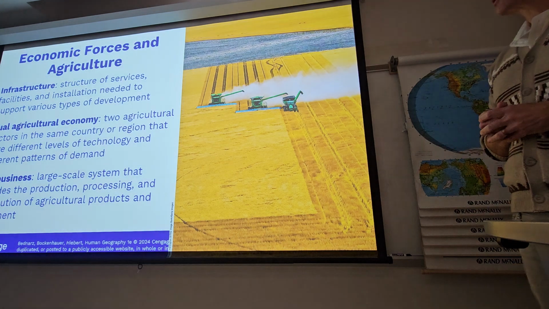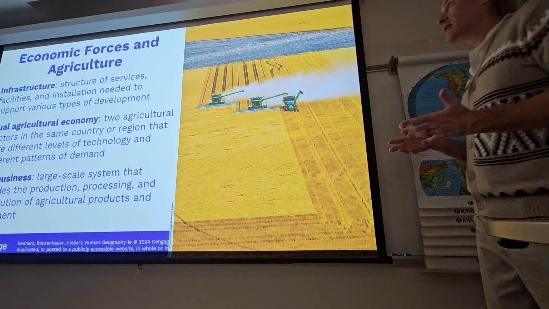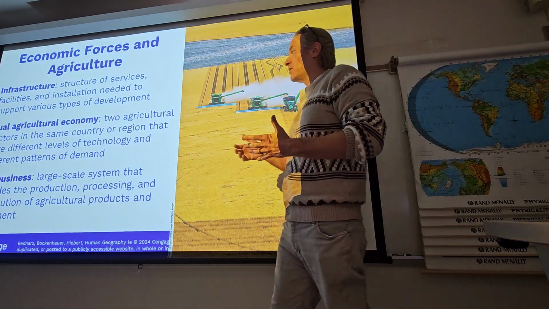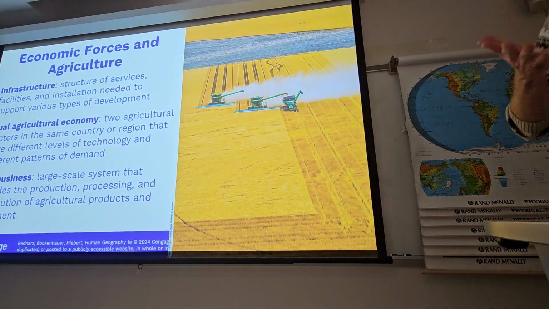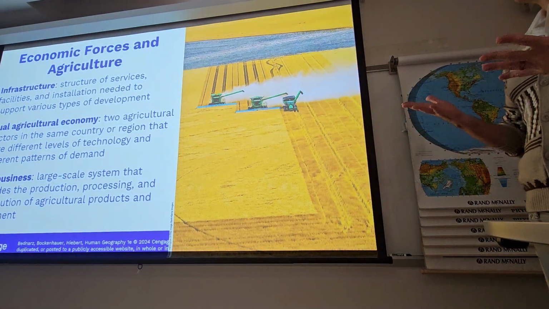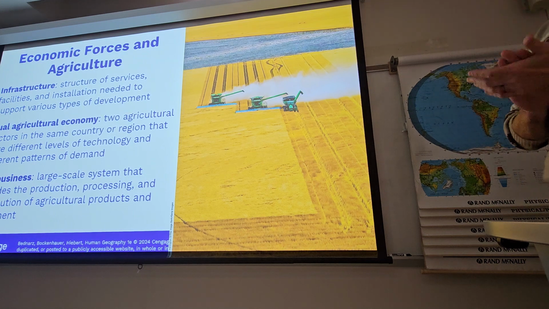And prices going down mean that people who are doing it want to do it cheaper, right? And usually that means investing in technology, so you take less people, because paying people is a major cost of agriculture, like many other fields.